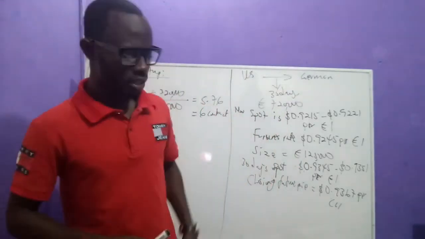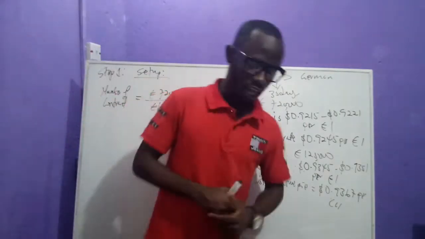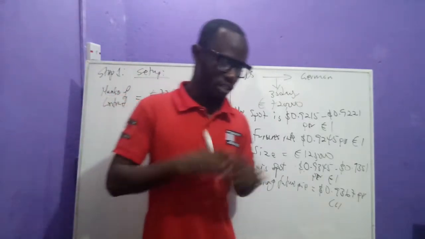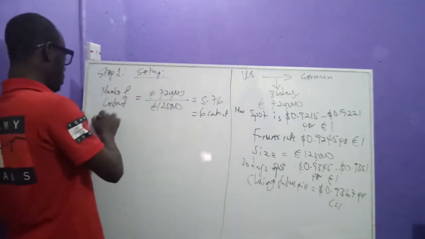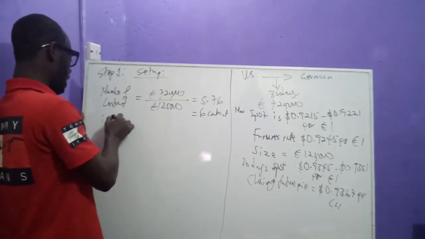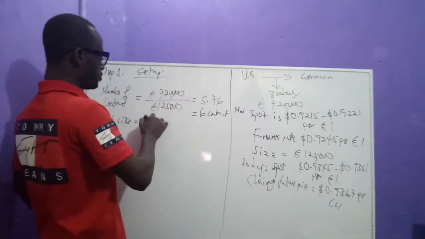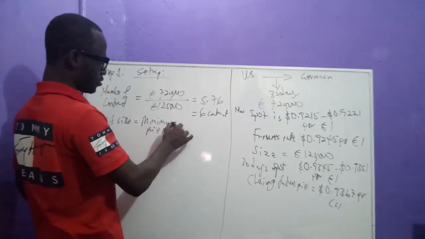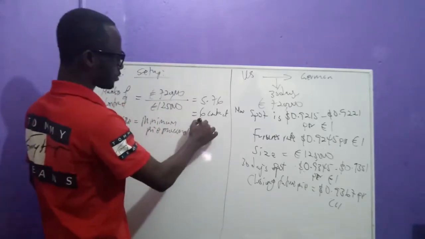Then after we buy the 6 contracts, we need to ask ourselves, what is the basis here, or what is the tick size here? So we're going to say that the tick size or the basis is going to be the minimum price movement times the contract size.